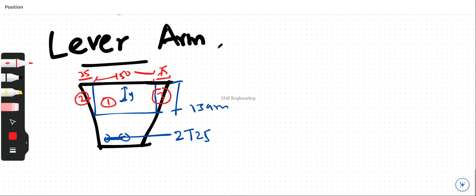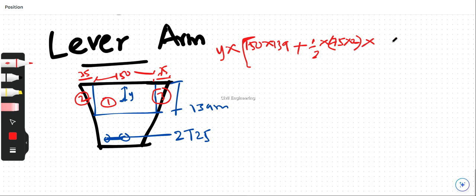Centroid y into 150 into 139 plus half into 75 into 2 into 139 equals 150 over 139 over 139.